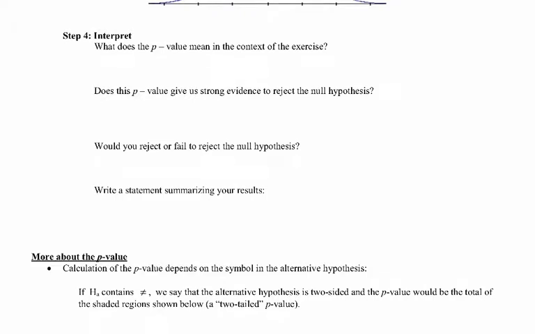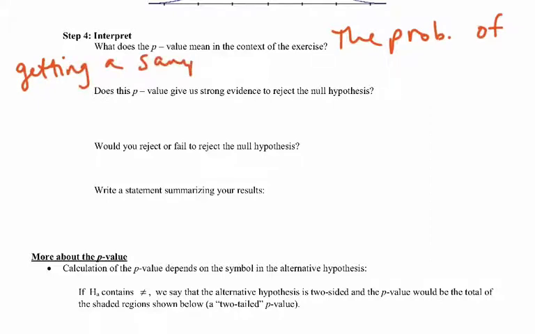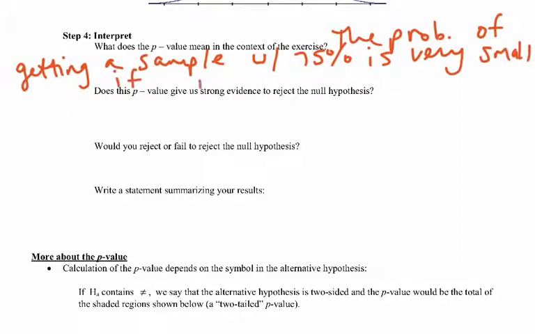That would be the probability of getting a sample with 75% is very small if the p equals 0.68 is still true, and still true as of the February 2018 survey. How small is that? That's very small, very unlikely, and very unusual.